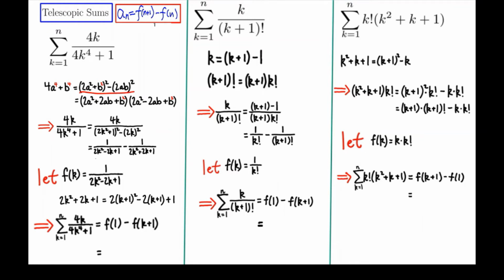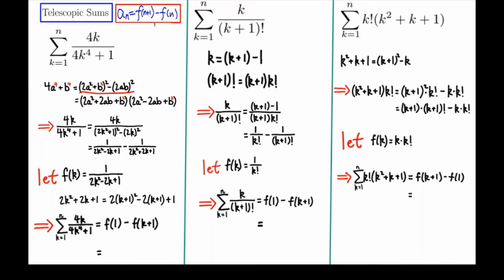So we can also write this as (2a squared plus b squared) squared minus (2ab) squared. By using the trick that a squared minus b squared is equal to (a plus b) times (a minus b), we get (2a squared plus 2ab plus b squared) times (2a squared minus 2ab plus b squared).